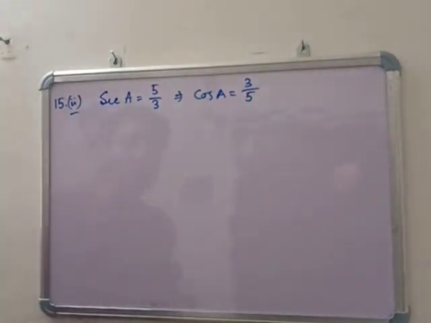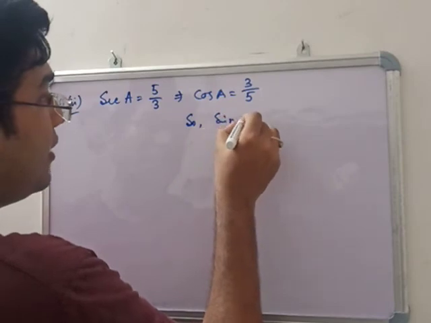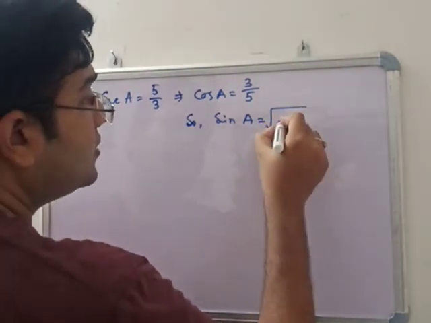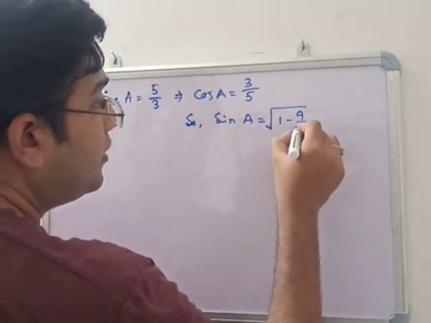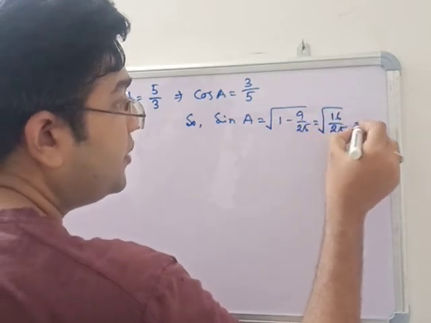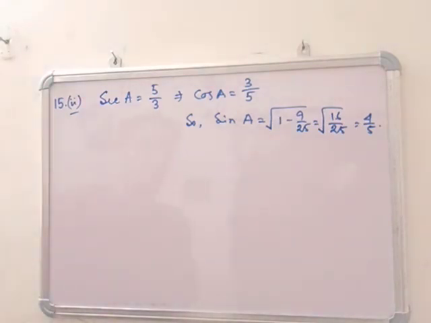By the same process, we can find sin A also. So sin A equals root over 1 minus cos squared A. That means root over 1 minus 9 by 25, that means root over 16 by 25, that means 4 by 5. So sin A and cos A are done.